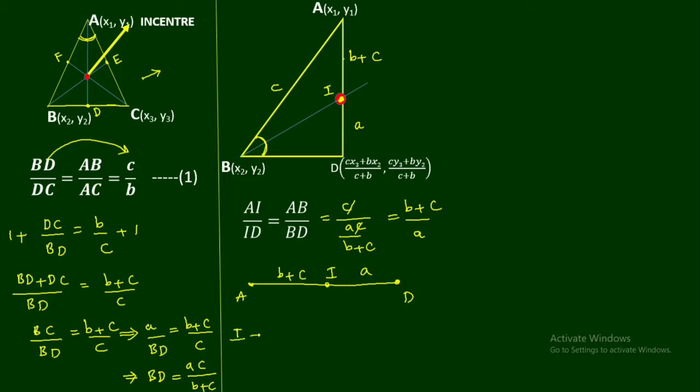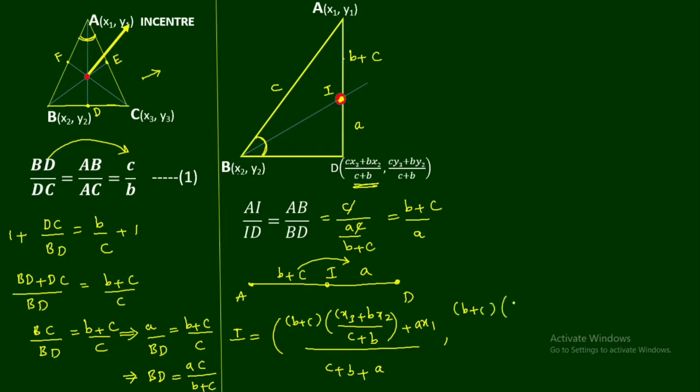Again, by using the section formula, you can find the coordinates of I. So b plus c into what is the x coordinate of D here? (c x3 plus b x2) by (c plus b), plus a into x1, that is a x1, by (c plus b plus a), comma, (b plus c) into (c y3 plus b y2) by (c plus b), plus a y1, by (c plus b plus a). These are the coordinates of I.